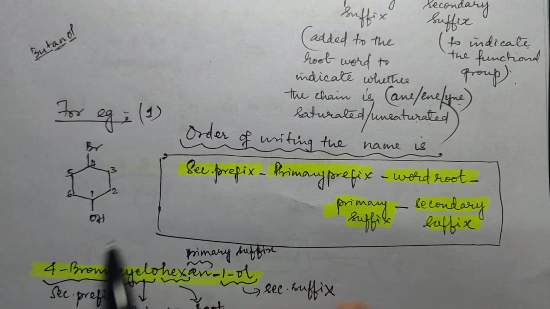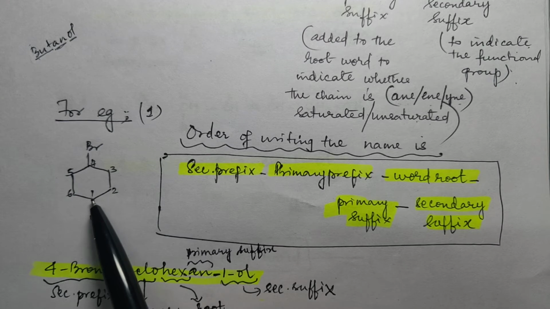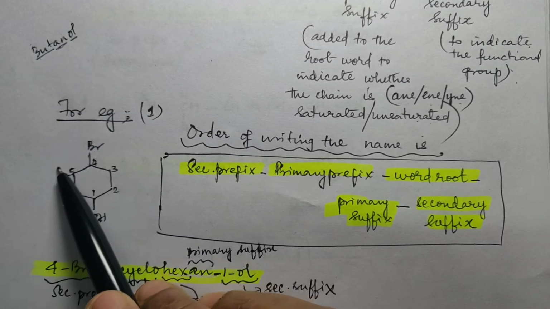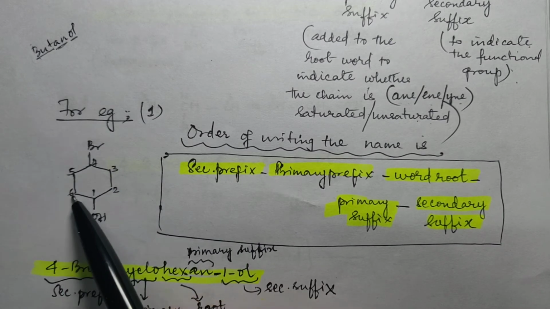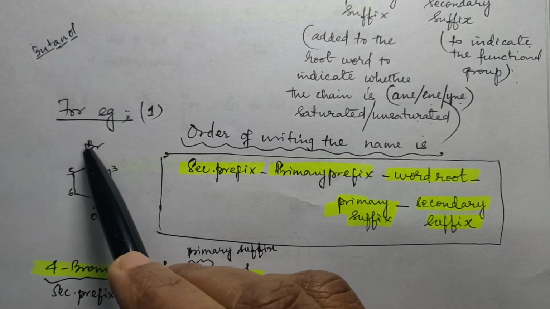Now take this example. You will start numbering from this end. 1, 2, 3, 4, 5, 6. This is your cyclohexane का carbon का numbering. Now at the first position there is OH group. And at the fourth position there is bromine.